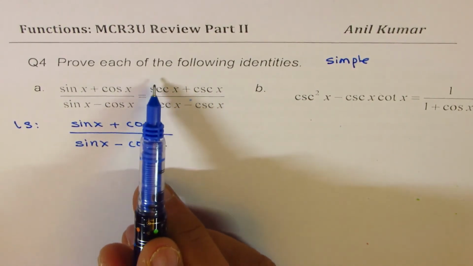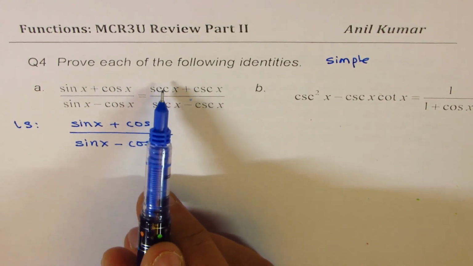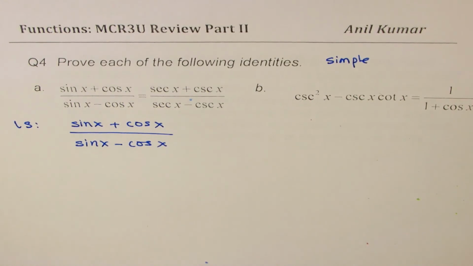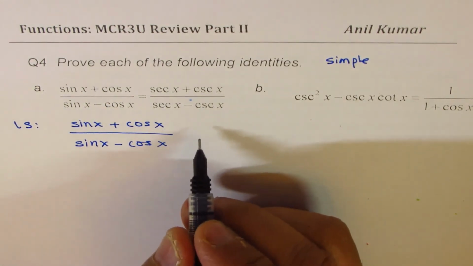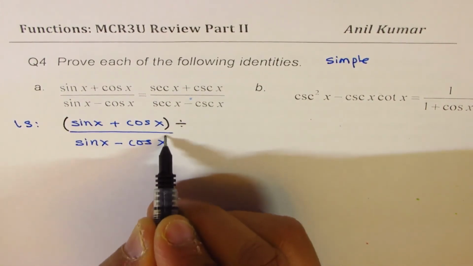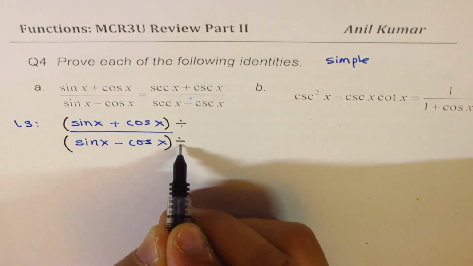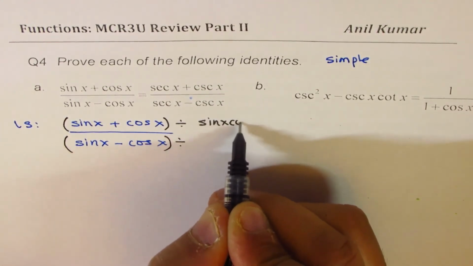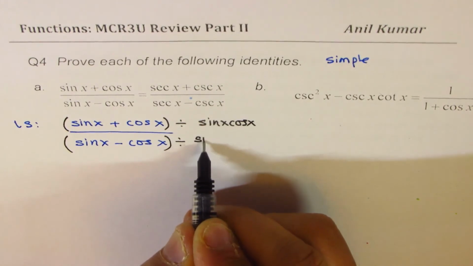Secant is 1 over cos, cosecant is 1 over sine. So basically we have to convert them to their reciprocal ratios. How can we do it? The idea here is that we can divide both numerator and denominator by the product of sin x and cos x. Do you get the idea?